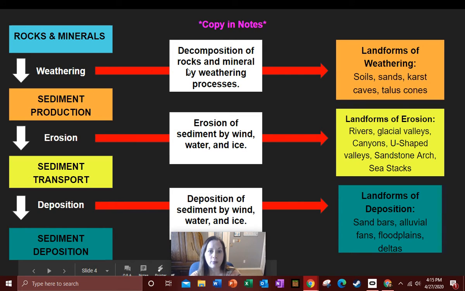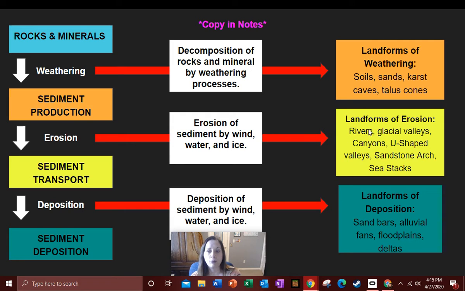So with weathering, this is the decomposition of rocks and minerals by weathering processes. And the landforms that get created by weathering are soils, sands, karst caves, and talus cones. And then here's erosion. Erosion of sediment happens by wind, water, and ice, remember.